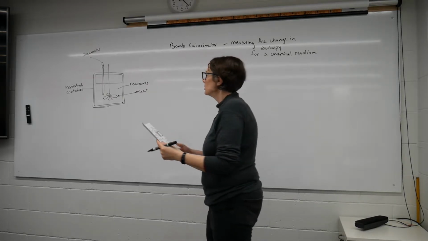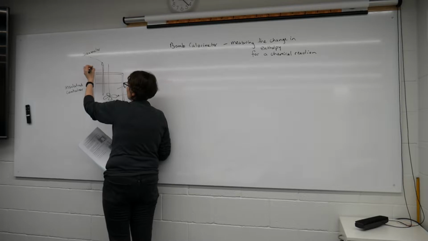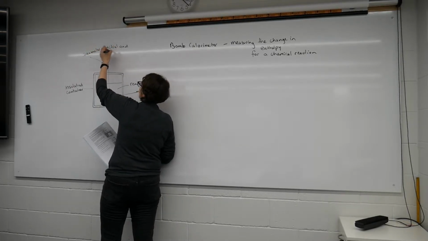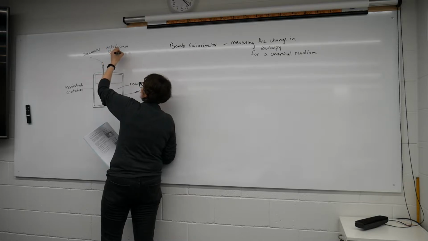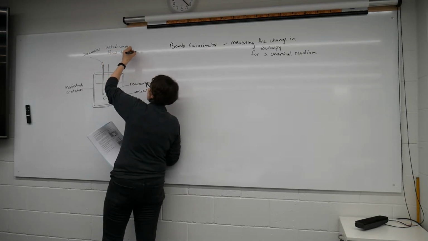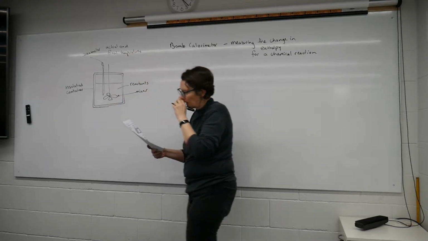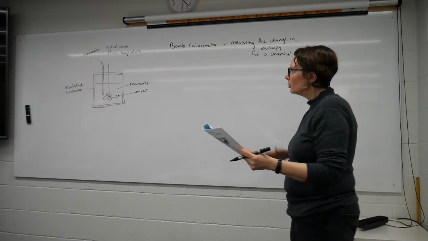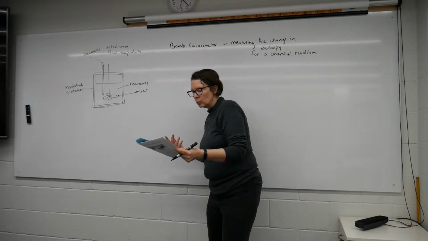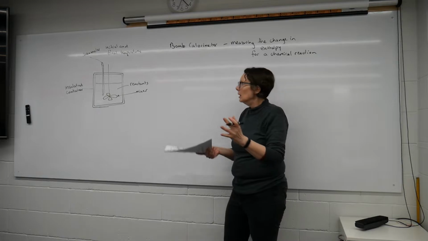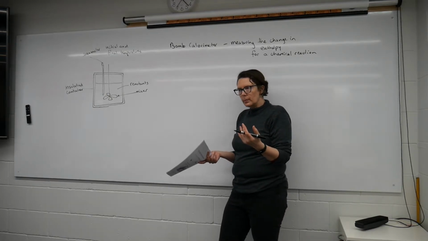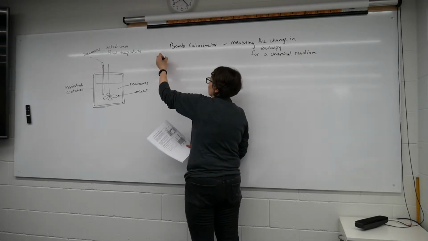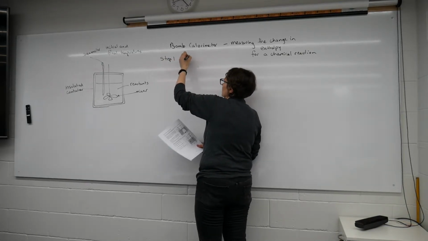Okay, and what we are interested in finding out is our initial and final temperatures. Now, what we do with a bomb calorimeter is we calibrate it. So the calculations involving the bomb calorimeter always have two steps to them. So step one, calibration.